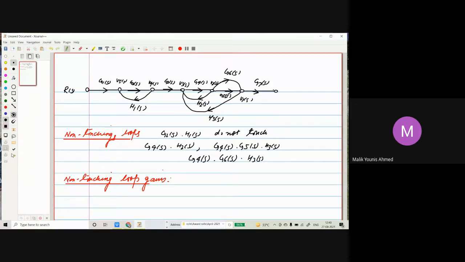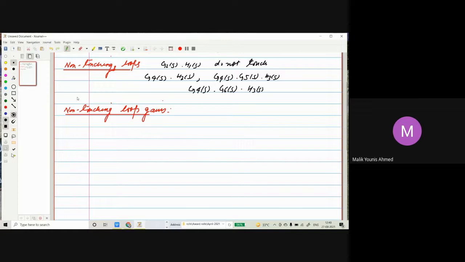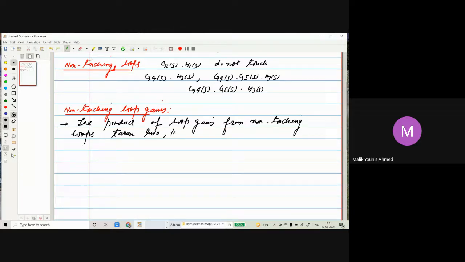It is the product of loop gains from non-touching loops taken 2, 3, 4 or more at a time.